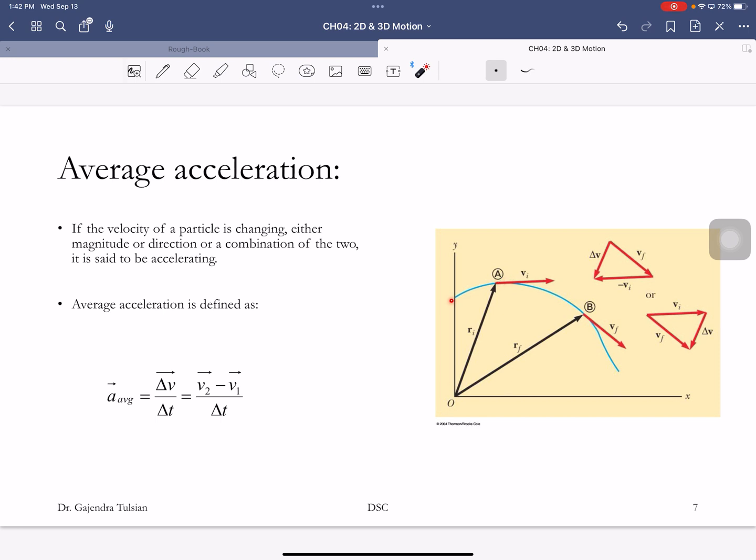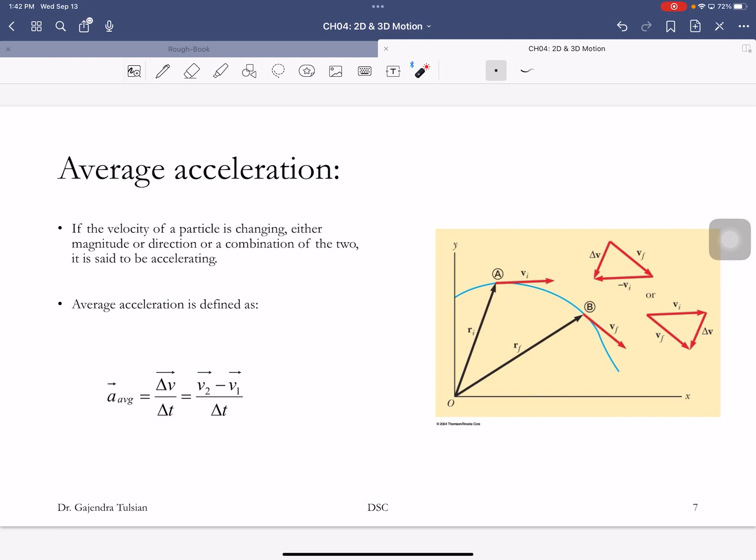Okay, so for this example, both the magnitude and direction have changed. Okay, so here's that change in velocity that encapsulates all of that. Okay, so the acceleration is the change in velocity divided by time.